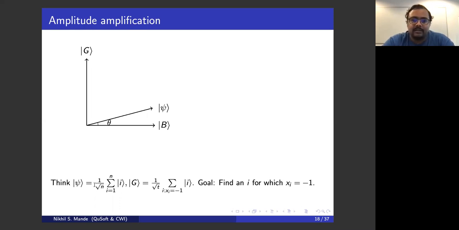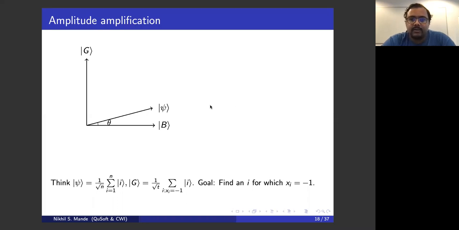So psi is the uniform superposition over all indices, 1 over root n, summation of ket i. Its good component is all those indices for which x_i is equal to -1. It's a uniform superposition over those indices. And it also has a bad component. Your goal is to perform a series of reflections such that your initial state psi gets mapped to a state that's close to ket G. And by close, I mean the inner product of this final state with ket G, you want it to be large.